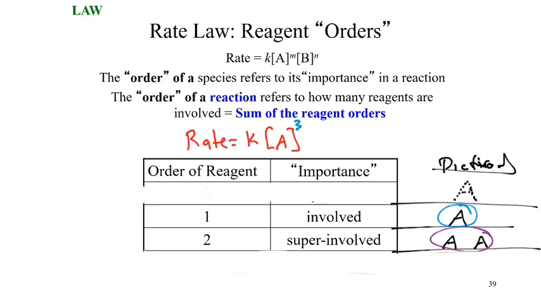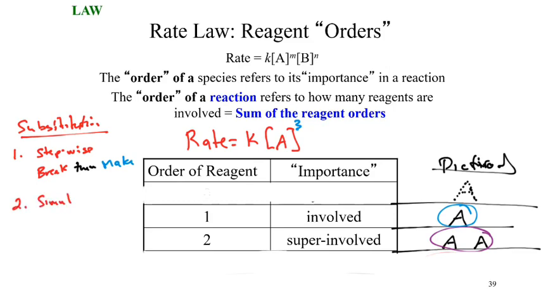If we think back to our discussion of substitution reactions, we said there were 2 types of reactions. We had them stepwise, and stepwise I know is a new word. We said break, and then we said make. Or we said the second type where it all happens simultaneously, and since that's not a new word, I'm not going to write out its definition. So it all happened at once. And we had those numbers kind of floating out there arbitrarily.